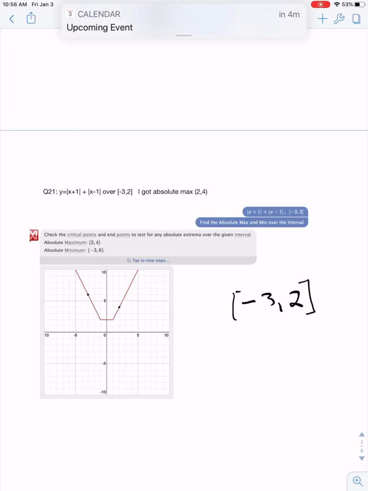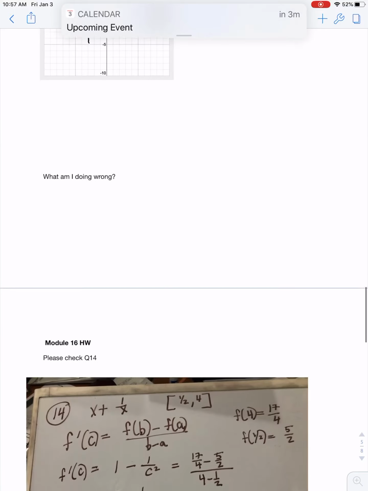You can see that absolute maximum occurs right here at -3. I was going to say absolute minimum, but it actually would not be the minimum, that would be lower. The absolute maximum is just the largest value that function can be equal to on that interval.